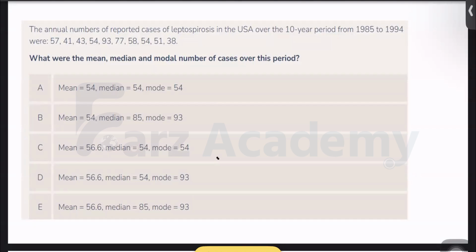What is the total of these observations coming? 57 plus 41 plus 43 plus 54 plus 93 plus 77 plus 58 plus 54 plus 51 plus 38. What is it coming?